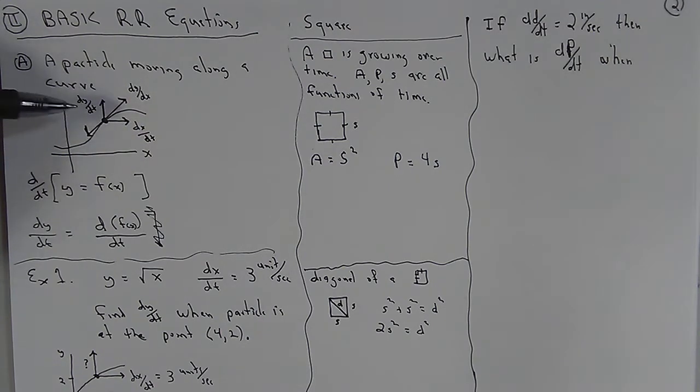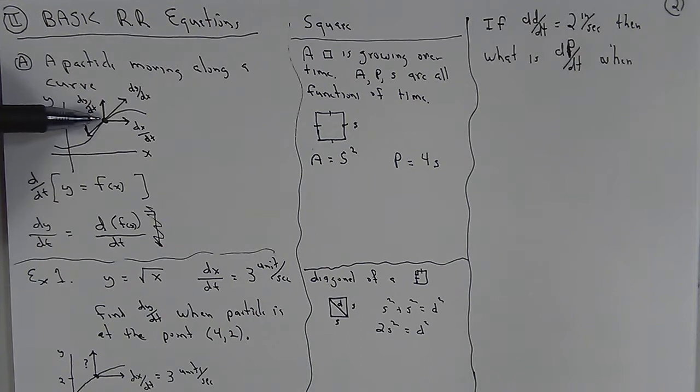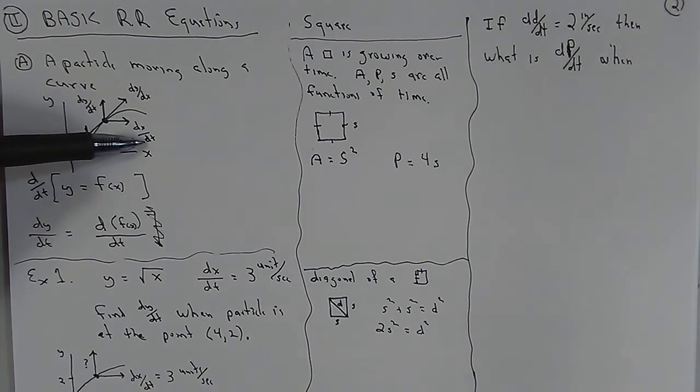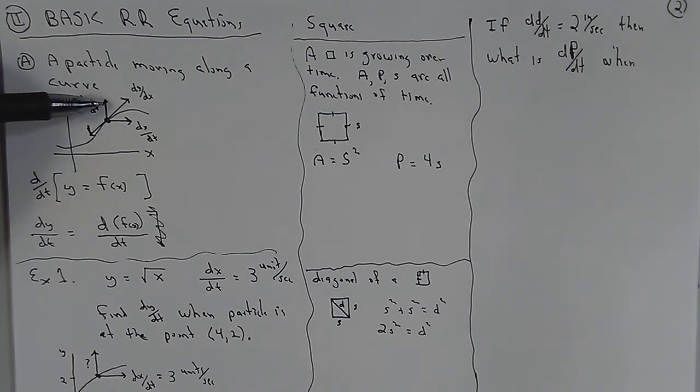But in calculus, we'll call this the change in the y coordinate with respect to time. How fast is the y coordinate changing? And then its velocity in the x direction is its rate of change of the x coordinate with respect to time. So it's moving, in this case, right and up.